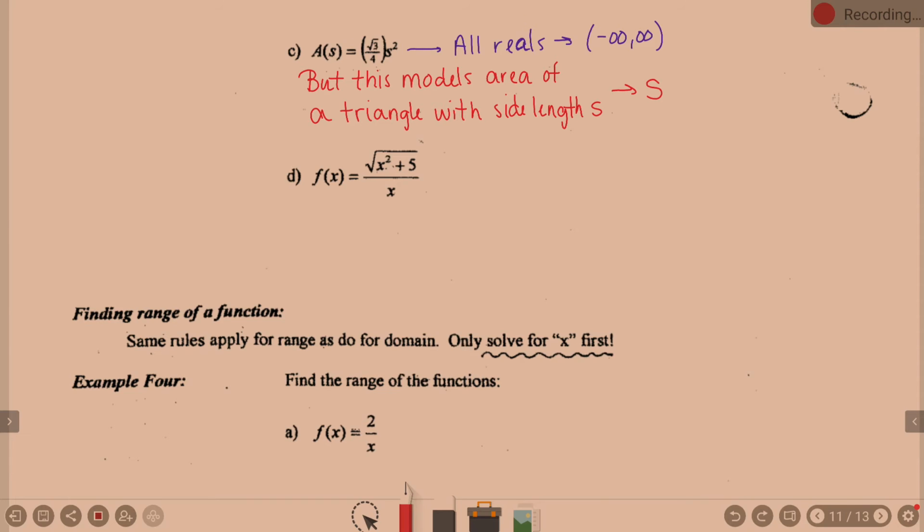Greater than 0. Could it be equal to 0? No, because then the triangle doesn't exist, right? So in actuality for this problem, I'm going to say s greater than 0, which written in interval notation is 0 to infinity. So there's a catch on that one.